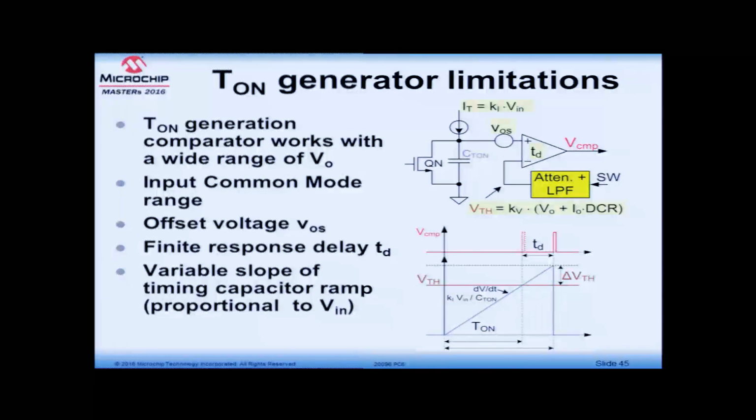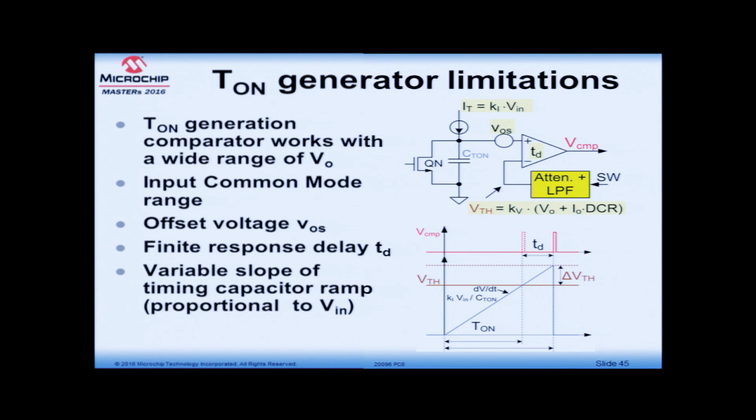This poor comparator has to work with an extremely wide range of output voltages. You want to be able to set your output voltage maybe from 1 volt up to 24 volt. So obviously the input common mode range of this comparator plays an important role.